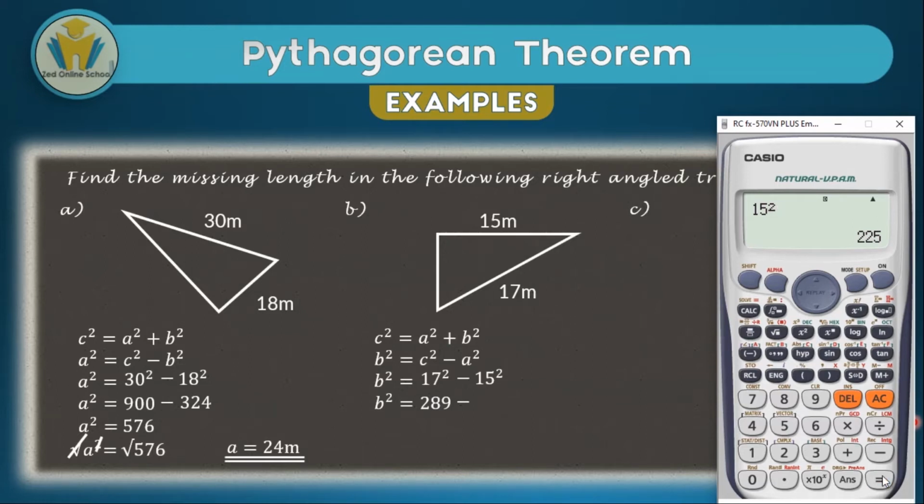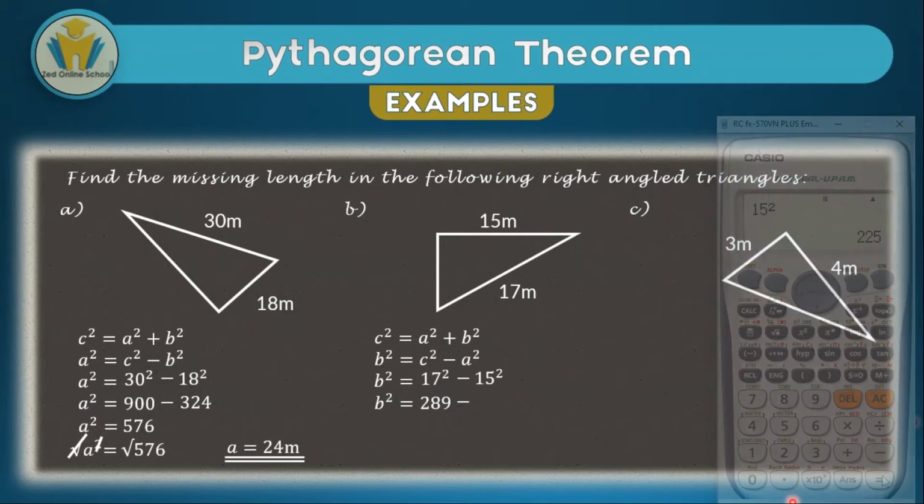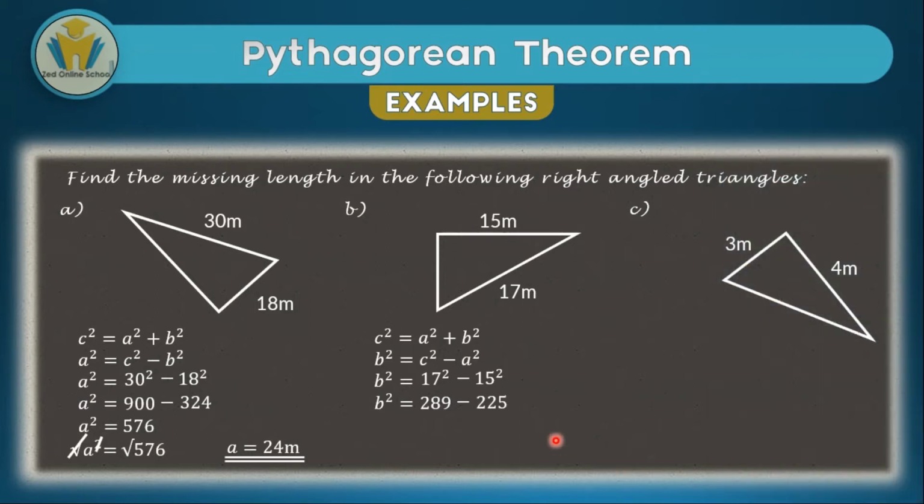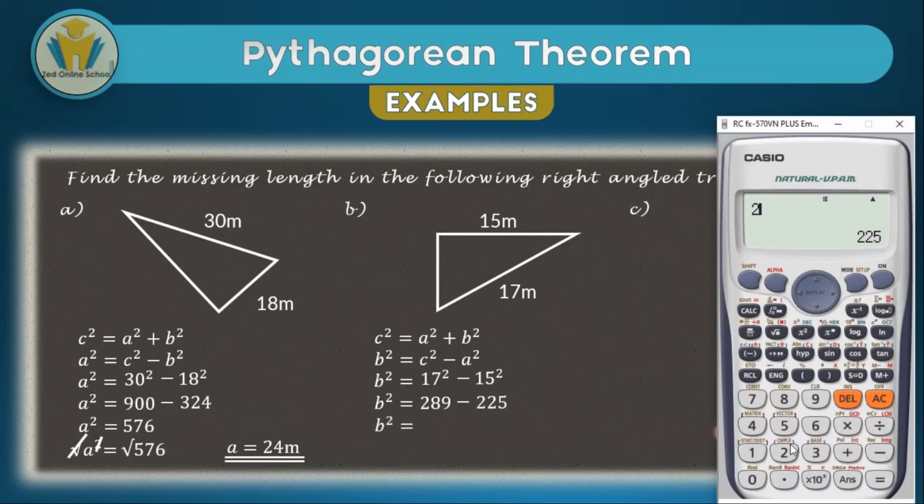To be actually faster, you should be able to know at least the squares of the first 15 numbers. In your mathematics paper 1, it will enable you to find answers even faster. So 289 minus 225. The answer is 64. And now, because I know at least the first 15 squares, the square root of 64 will be 8.